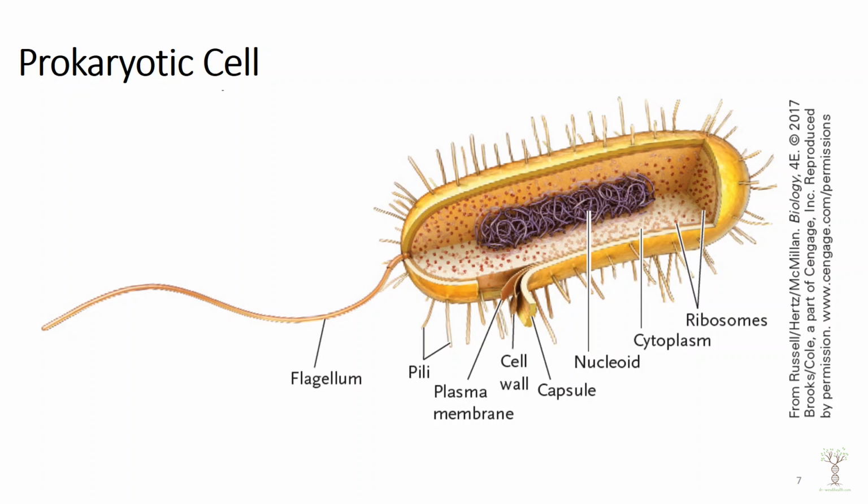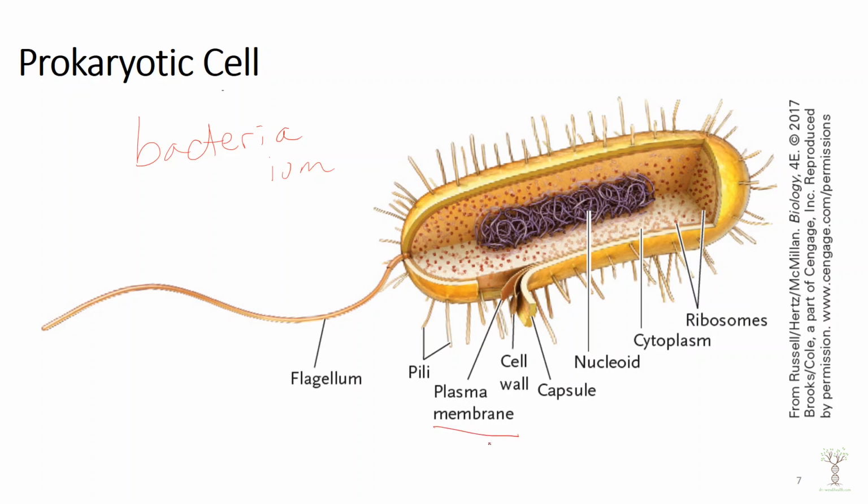Here's an example of a typical prokaryotic cell that has all the possible features that you might find in bacteria. Bacteria is plural. A single bacterium is a singular organism. So what do we have here? We have a plasma membrane.